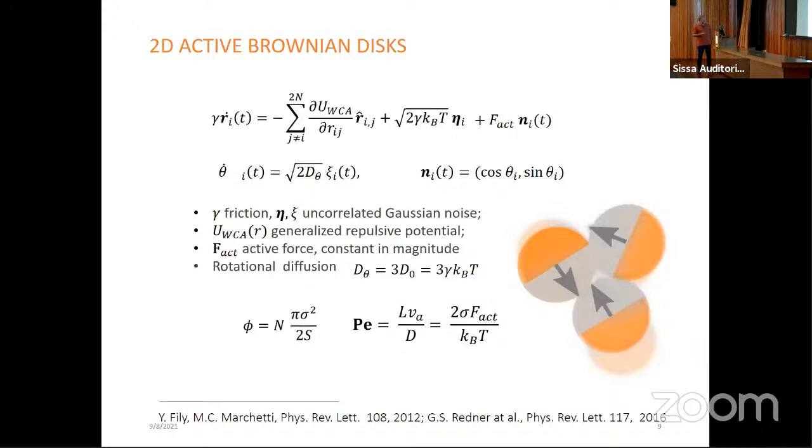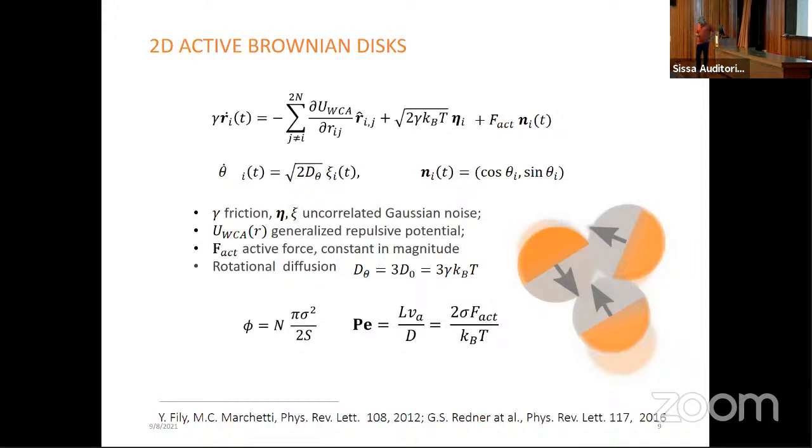And we did the same as other groups. And then there is the standard thermal noise, this one, white noise. And then in the equation of motion, the new fact with respect to standard Brownian motion with the excluded volume interaction is the presence of this active force whose strength is constant, with a direction n_i that depends on an angle that changes in a diffusive way, in a standard way.